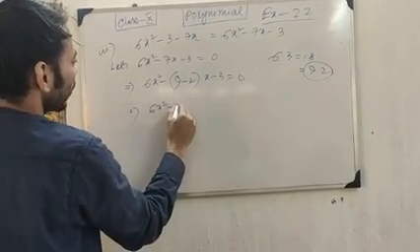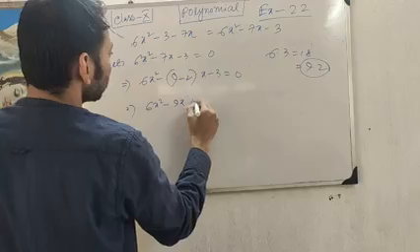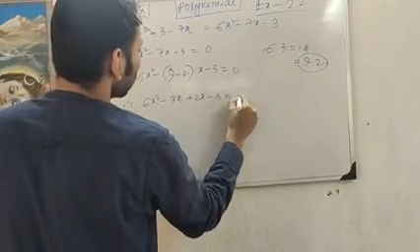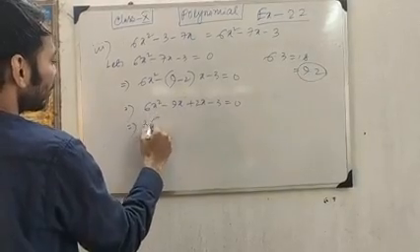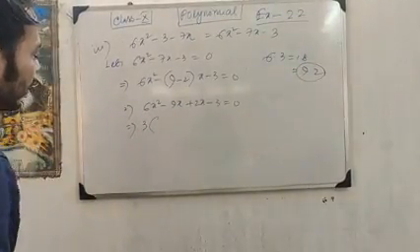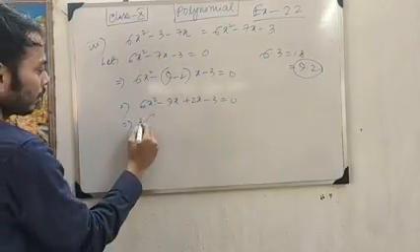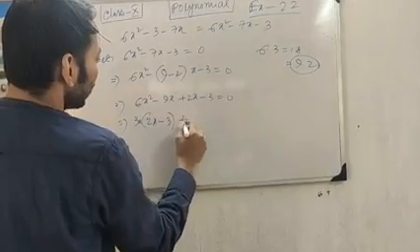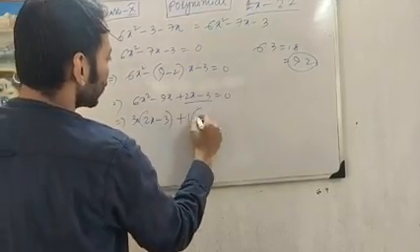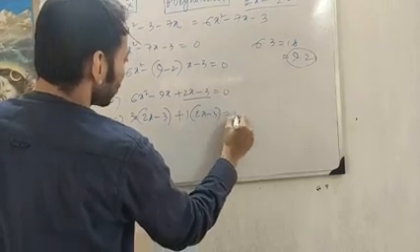which gives 6x square minus 9x plus 2x minus 3 equals to 0. Now taking 3x common from the first two, we get 2x minus 3, and then taking plus 1 common from the last two, we get 2x minus 3.